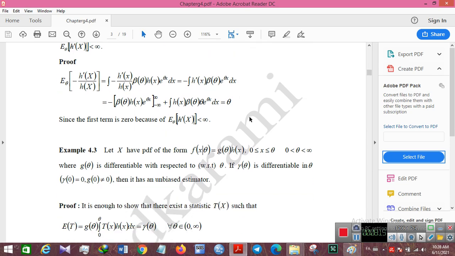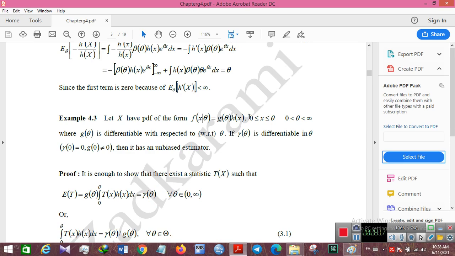Here, in example 4.3, we show it for some other estimators, for example the uniform distribution, where f(x, theta) is equal to g(theta) times a function of x, when the bound of x depends on theta.